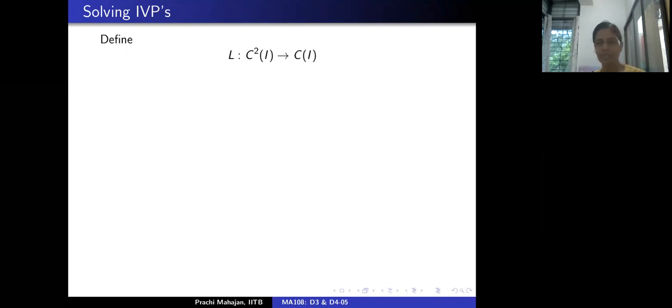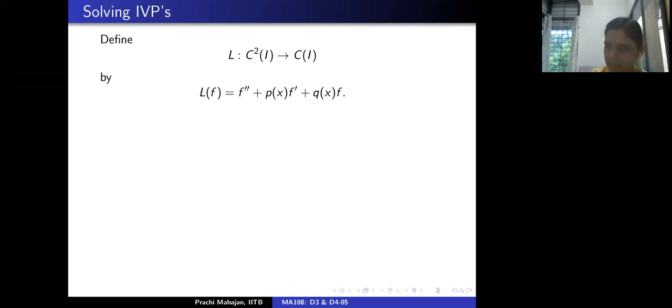Okay, all right, so this is good, but how is this information related to what we are discussing? So here comes the common link. Now it is helpful to introduce the differential operator notation. For any function f that is twice continuously differentiable on the interval I, which means f belongs to C²(I), because I also demand that the second derivative is continuous here, I will introduce the differential operator given by L(f) = f'' + p(x) f' + q(x) f, right?